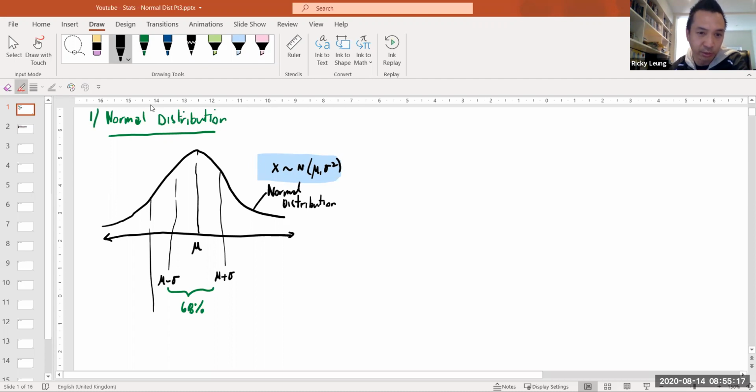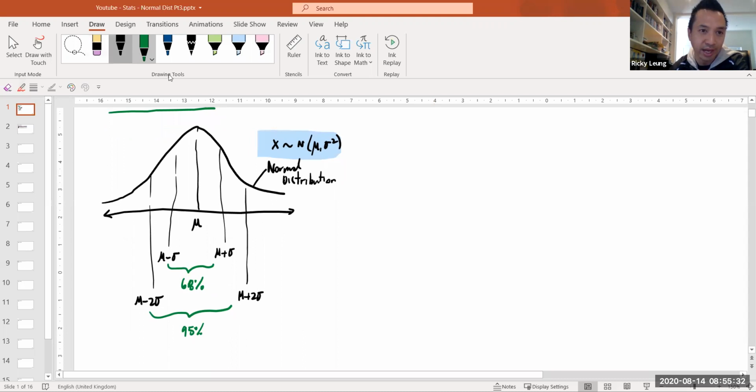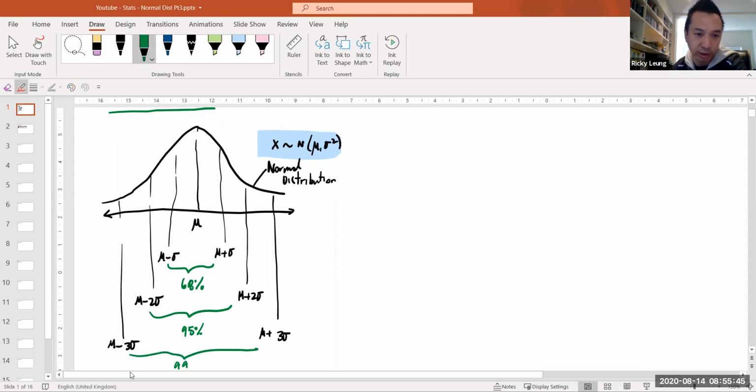And then by the same token, you probably remember these ones where that's mu plus 2 and mu minus 2, that is 95%. And if I take another standard deviation away, so mu plus 3 and mu minus 3, that represents 99.7%.